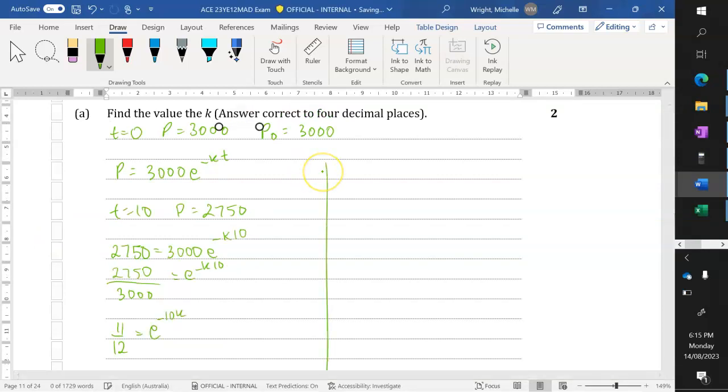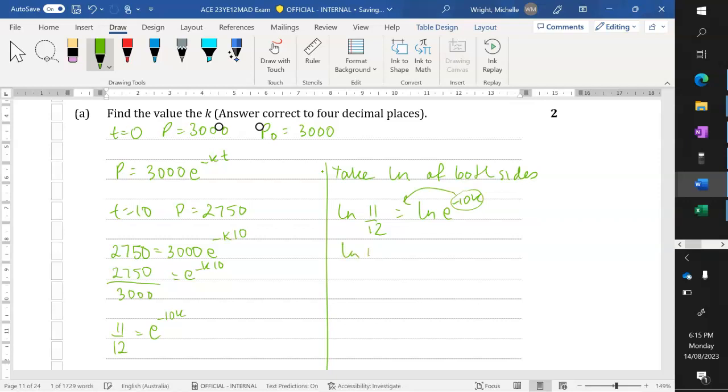Now this is where, depending on how your teacher does it, you may do it slightly differently. I like to take the log of both sides. So I end up with ln of 11 on 12 equals ln of e to the minus 10k. This is going to come down the front.